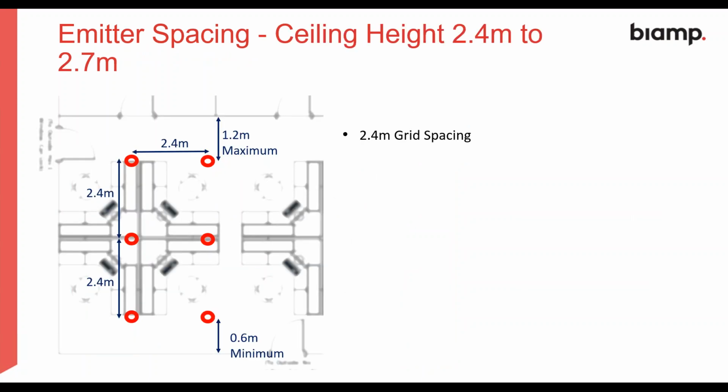So if we have a ceiling height that's 2.4 to 2.7 meters, referring back to our previous chart, we were aiming for a 2.4 meter grid spacing.